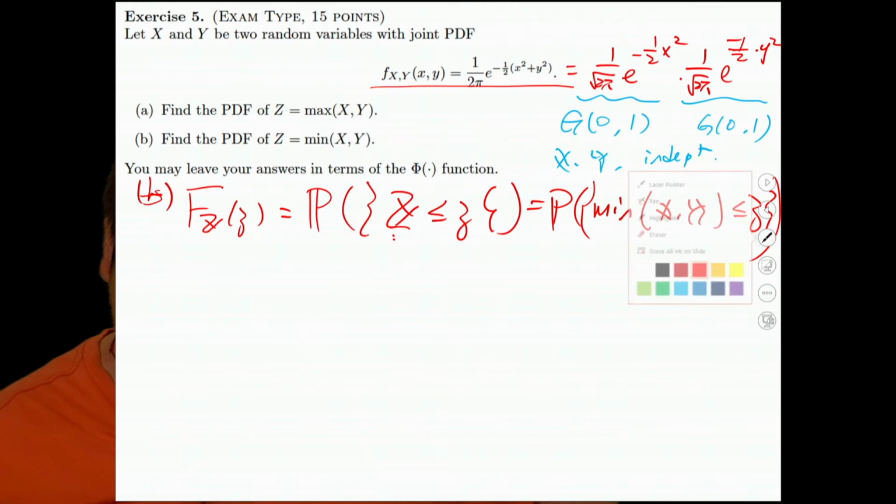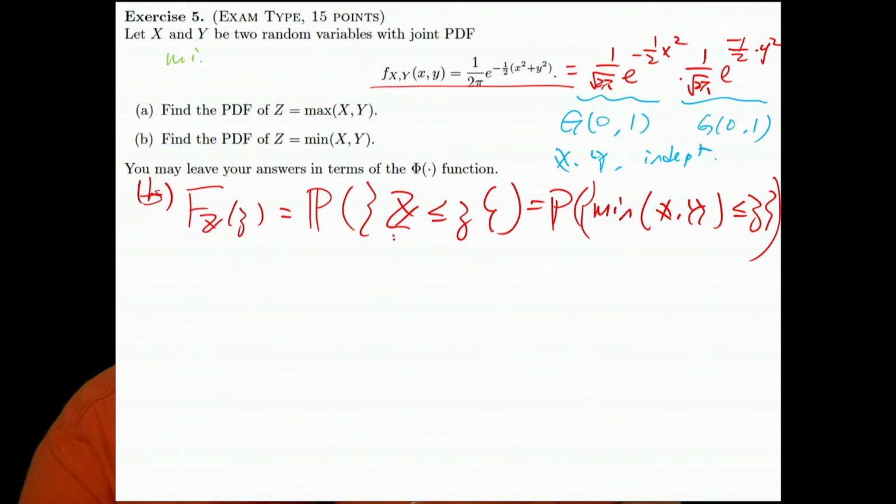Why? Because for the minimum of 2, 5, you choose 2.